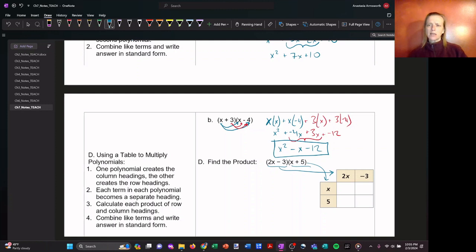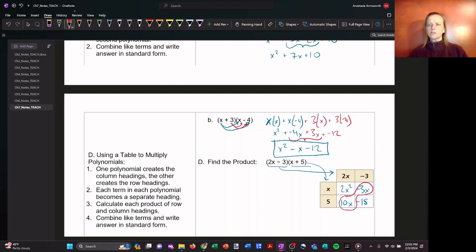So 2x times x, well, that's going to be 2x squared. Negative 3 times x, that's going to be negative 3x. 2x times 5, that's going to be 10 with the x still there. And then negative 3 times 5 is negative 15. Notice we do have some like terms here that need to be combined.